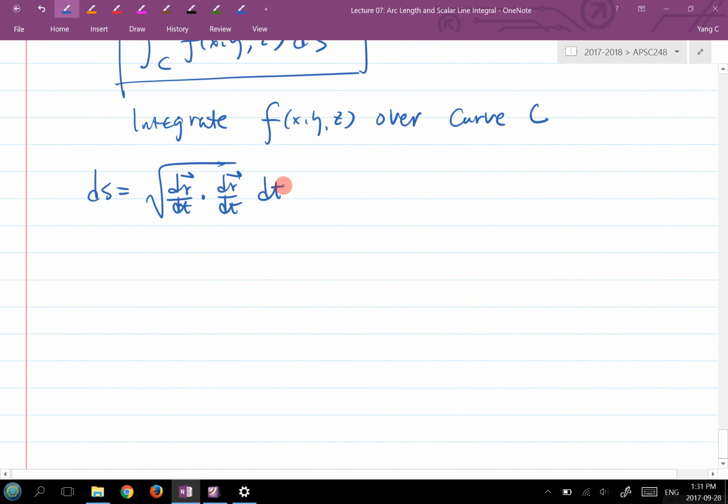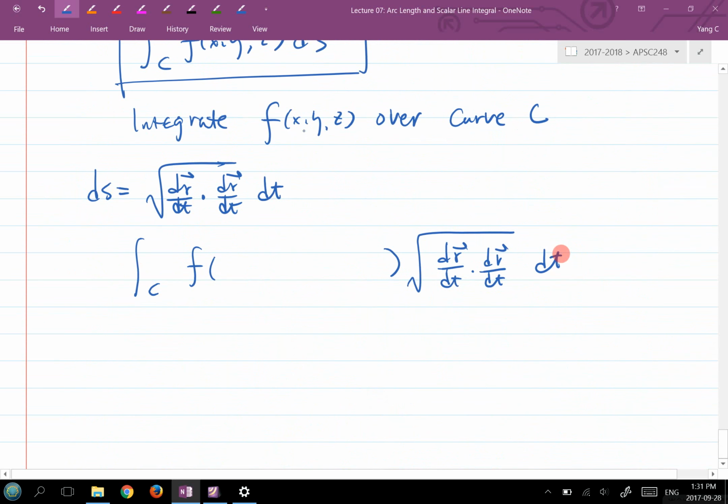So here's what you need to do. I'll keep the bracket a little bit empty for now, and I'm going to replace this ds with the formula we derived. That's your small segment of arc length along the curve C.